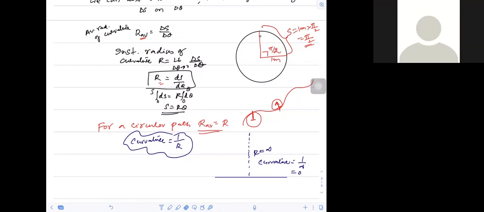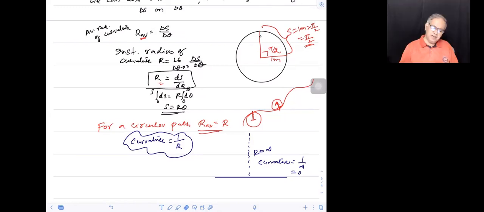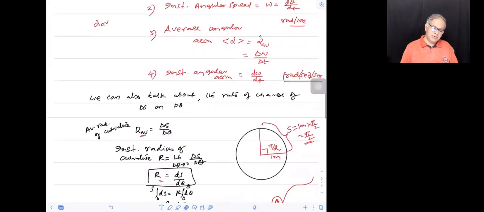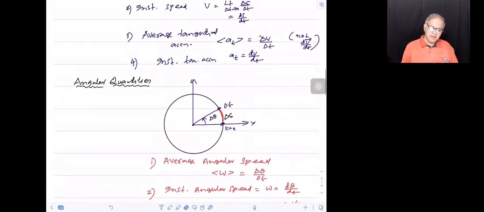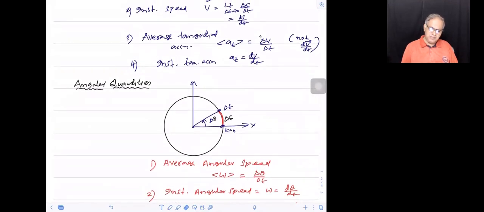So remember, I started by looking at three simple quantities: linear path, angular displacement, and the time taken for that. Out of that, we pulled out three quantities. One is angular velocity, in which once again there is average and instantaneous.